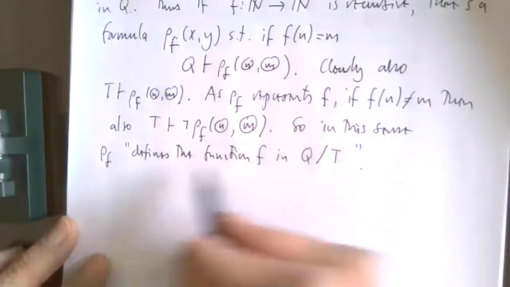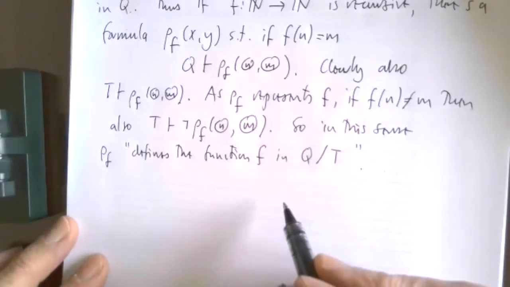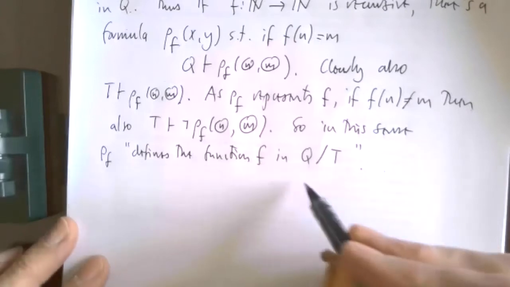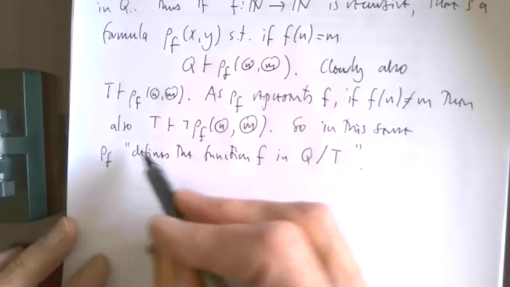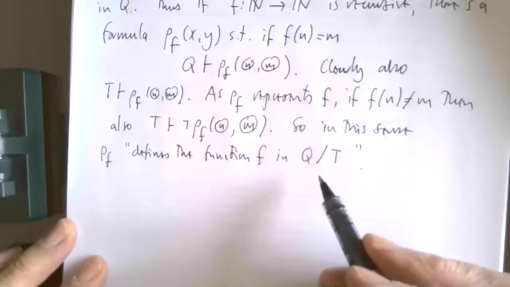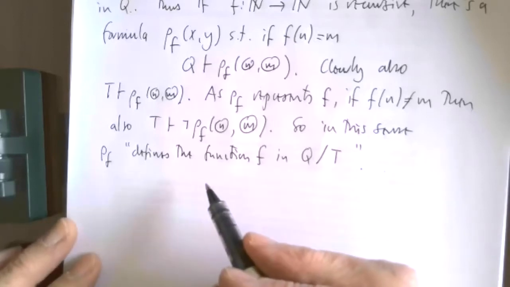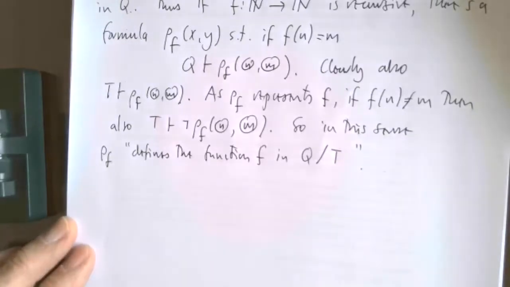So this is what we mean by saying rho f defines the function f in Q, T. I mean, this is just me being a bit colloquial here. The official terminology is about representability.